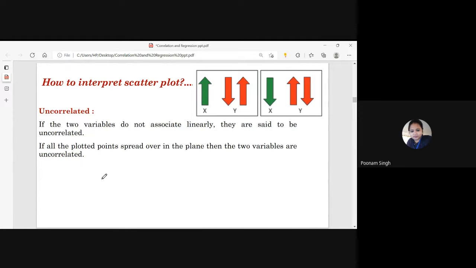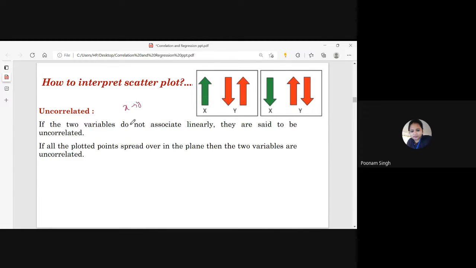So do not interpret it as if two variables are uncorrelated, then they are independent. Instead, it is interpreted as: if two variables are uncorrelated, there is no linear relationship between them. It means no linear pattern exists between two variables x and y.